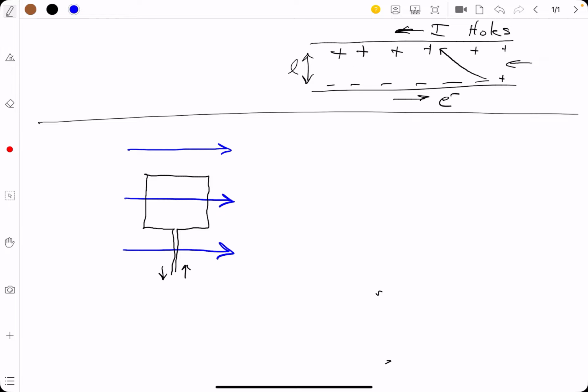So our B field is an external B field, not one that we are generating. We're working inside this B field. And we've got an axis of rotation that goes right down the middle of our loop. We've got some width of the loop.